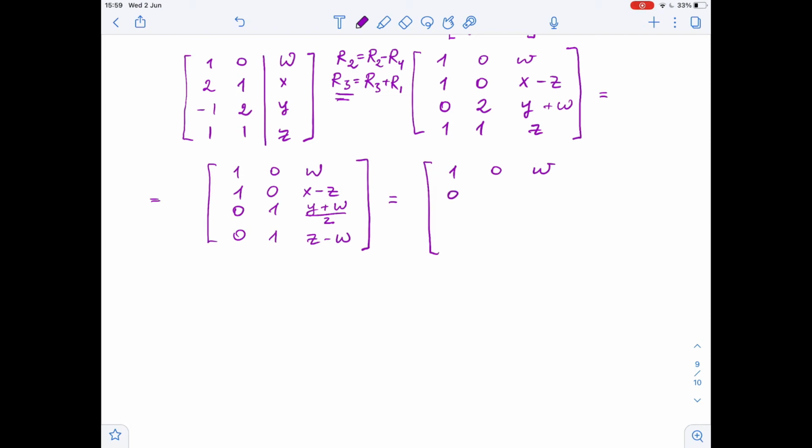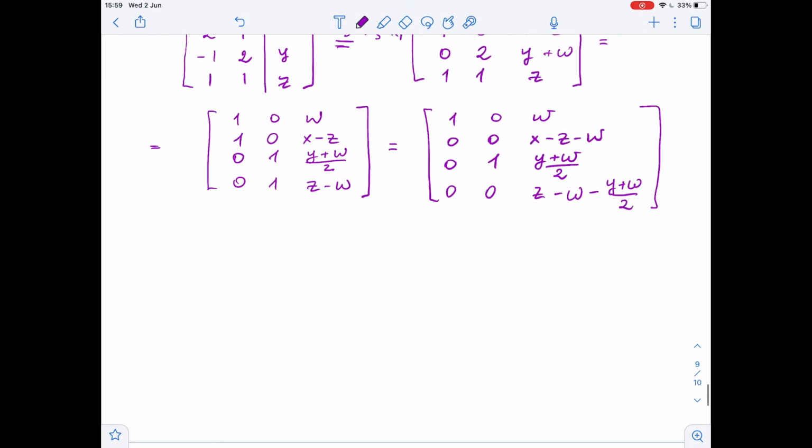So we will have 0, 0, X minus Z minus W. We will leave the third row the same, so just 0, 1, Y plus W over 2. And for the fourth row, we will subtract the third row from the fourth row. So here we have 0, 0, Z minus W minus Y plus W over 2.